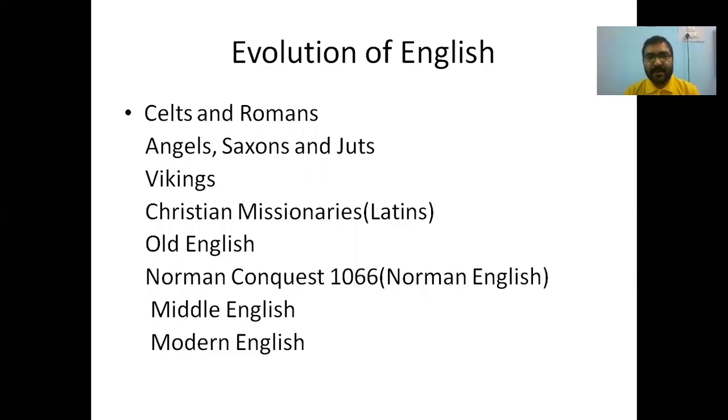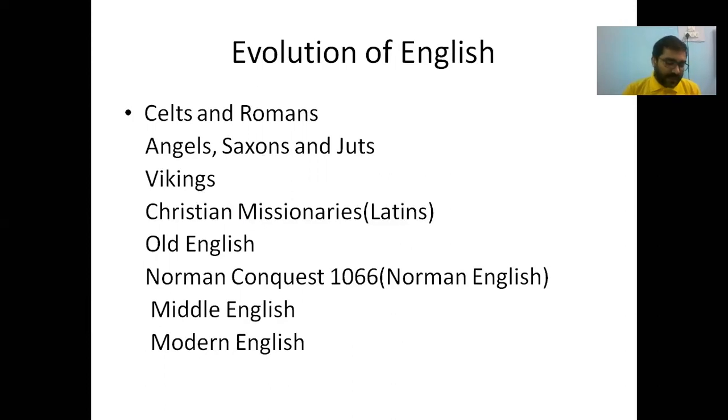Then came the Angles and Saxons. These tribes, the Angles, Saxons and Jutes, attacked these people and spread in England. Then the Vikings attacked. These are the tribes which were there in England.